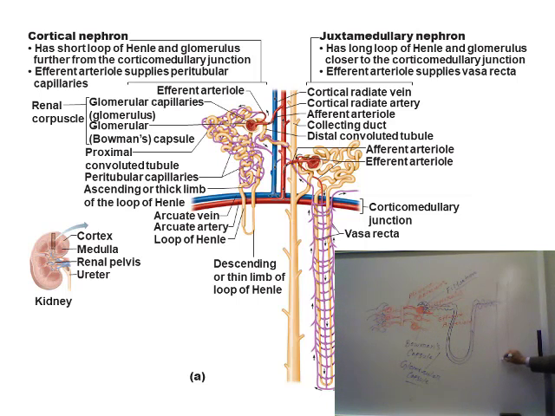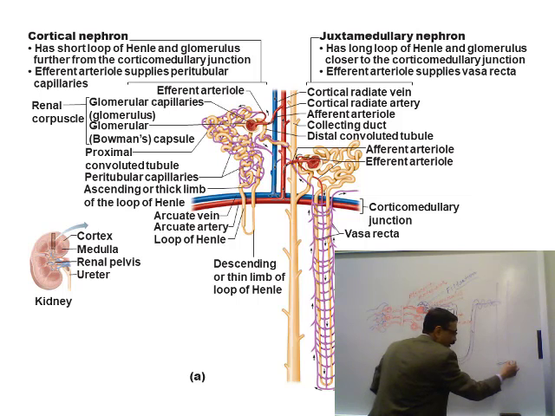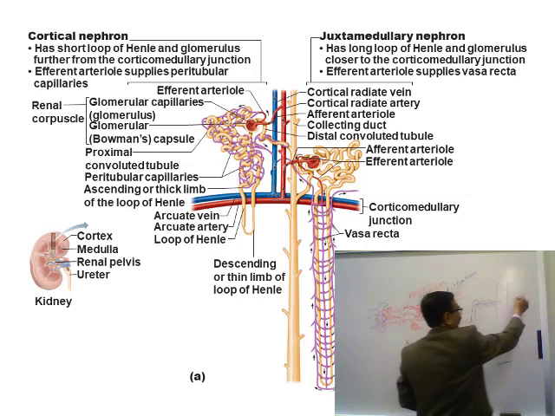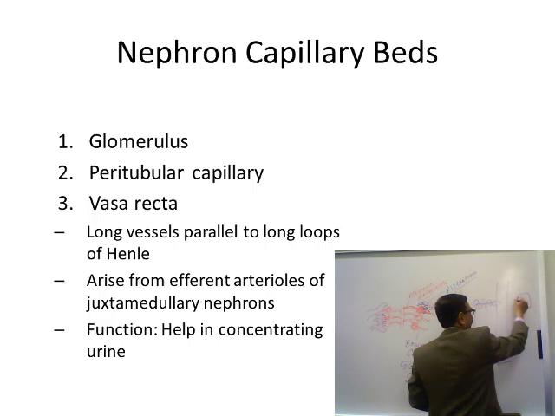This part is the last part of the nephron, and this part is located in the papilla of the pyramid. You must remember the pyramid triangular structures inside the kidney, and this part is the papilla. So this part of the nephron is in the papilla.